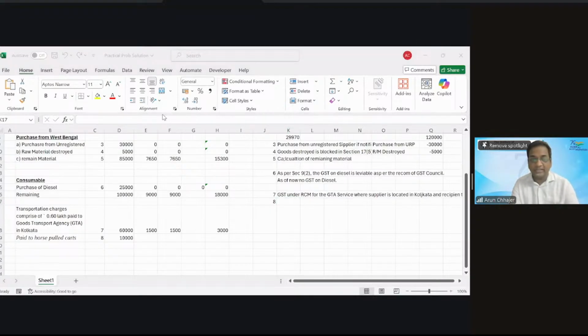That is not correct. If you are using the words non-motorized vehicle, it is not correct. Non-motorized vehicle is not correct because this word is useful when I talk about the e-way bill chapter. The word non-motorized vehicle gives some importance in the e-way bill chapter, but here it does not have any importance. Any other reason?